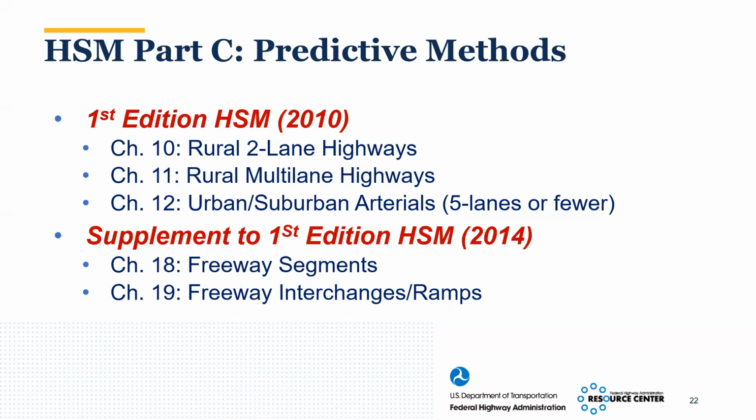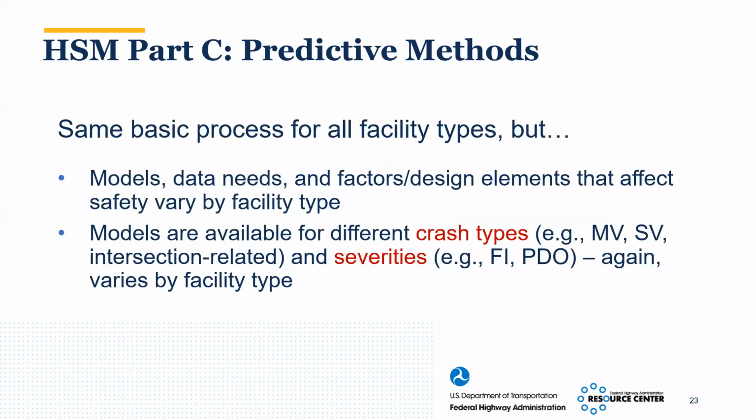Chapter 10 was on rural 2-lane highways, Chapter 11 rural multilane, and Chapter 12 urban and suburban arterials with 5 lanes or fewer. The supplement to the first edition, published in 2014, covered freeway segments, freeway speed change lane areas, and also freeway interchanges, ramps, and ramp terminals.